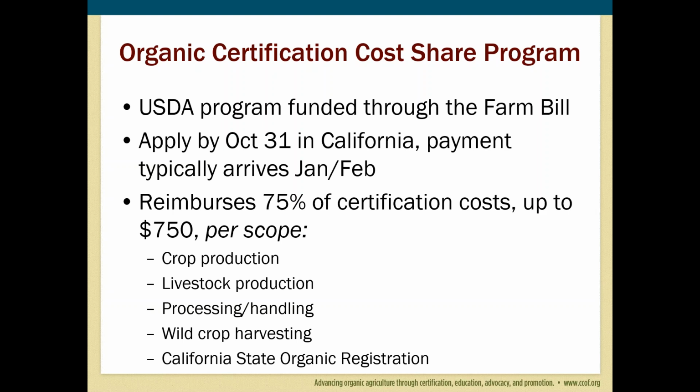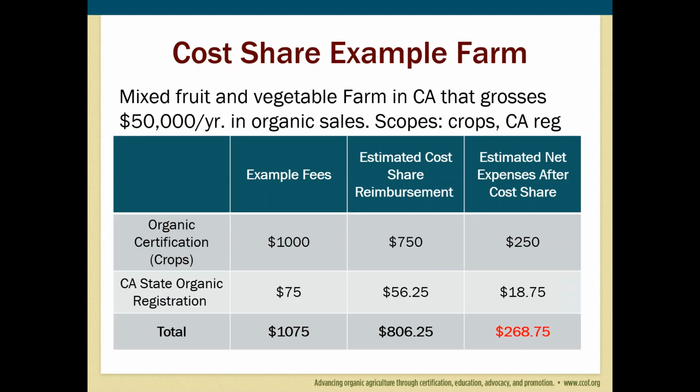It's a separate requirement for operations in California selling as organic. So just for example, if you have crops and livestock, you would actually be eligible for up to $1,500, assuming that that is 75% of your certification cost.